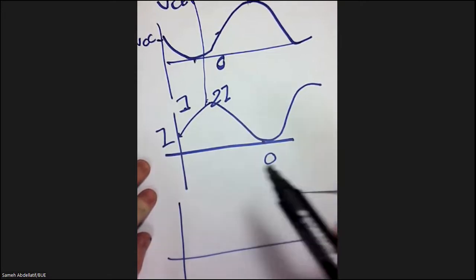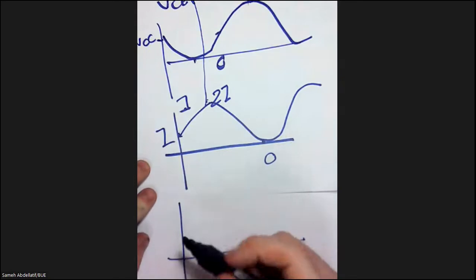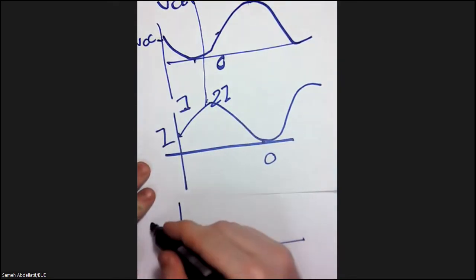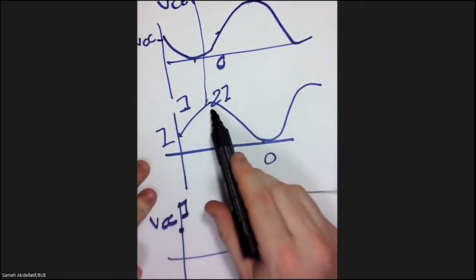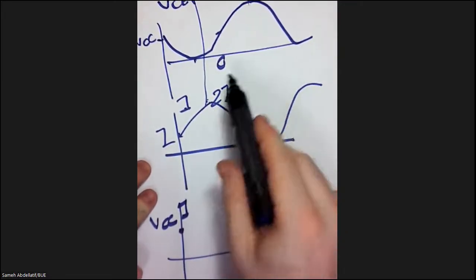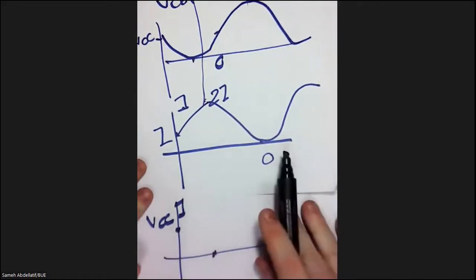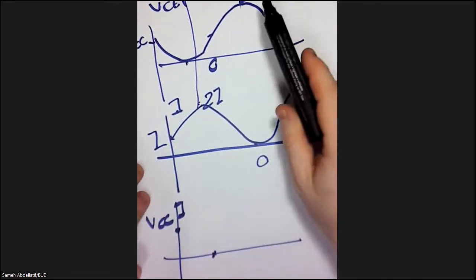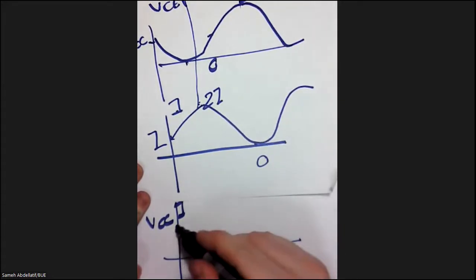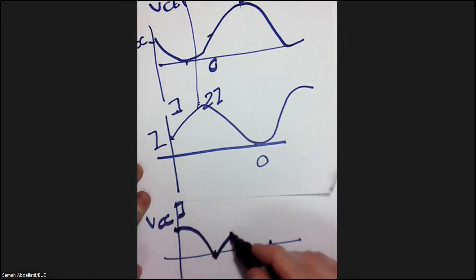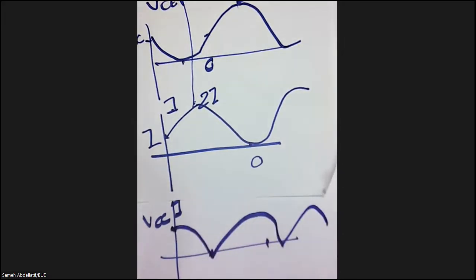Now, the average of VCC times I is VCC I. When this current is maximum, please take care, the voltage is minimum, so this is 0. And when this voltage is maximum, the current is minimum, so another 0. So you have a power flowing like that with the maximum VCC I.